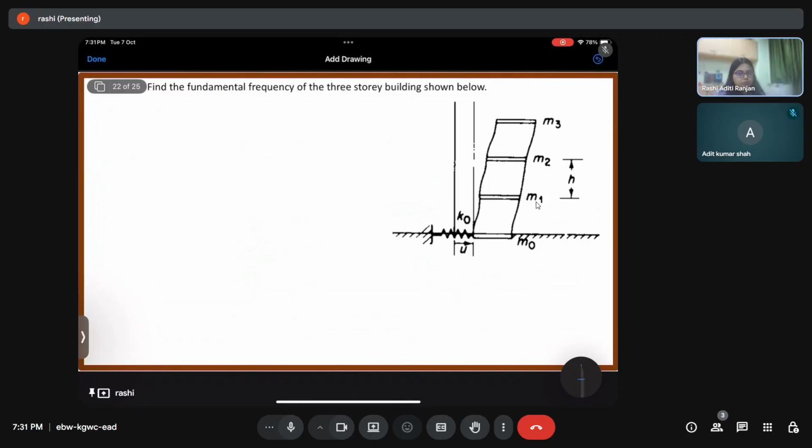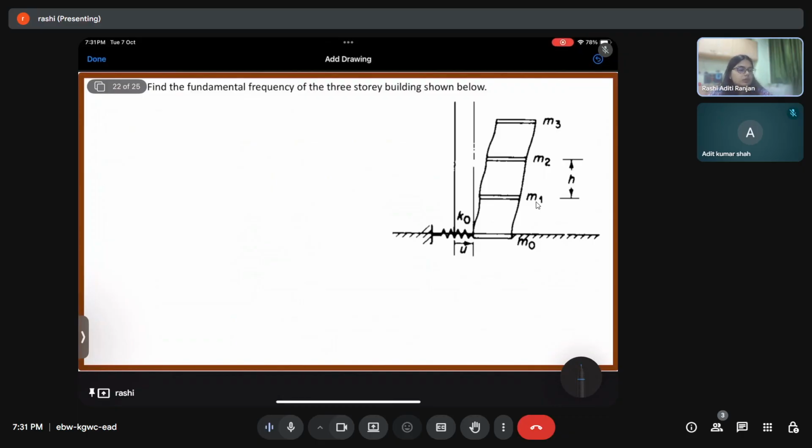We know the equation, right? The equation that we were currently doing for two systems where there was one structure and one exciter. Here, what do we have? We have M0, M1, M2, and M3. Four things that we are concerned about. So for M0, we can simply take out the frequency and then we need to add on the effects of M1, M2, and M3 to find out the fundamental frequency of the whole structure, correct?